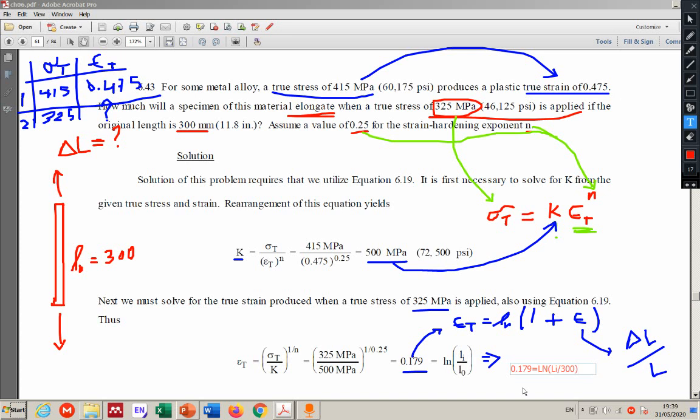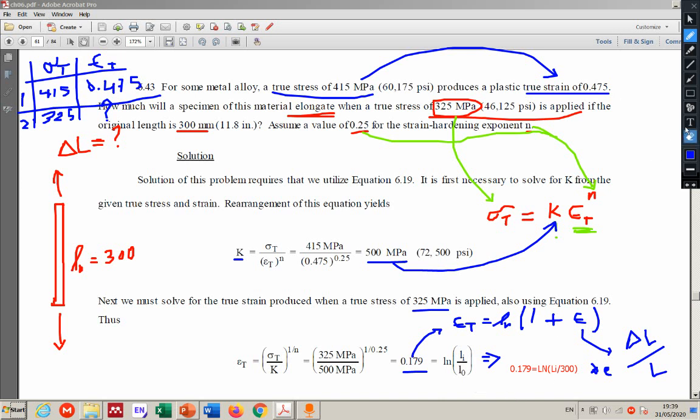So in order to get rid of the ln, we will take the exponential. We multiply both sides with the exponential. Then the exponential of this one times 300 is going to be Li. Because the exponential and the ln cancel each other. Then the exponential of this value times 300 will be Li.